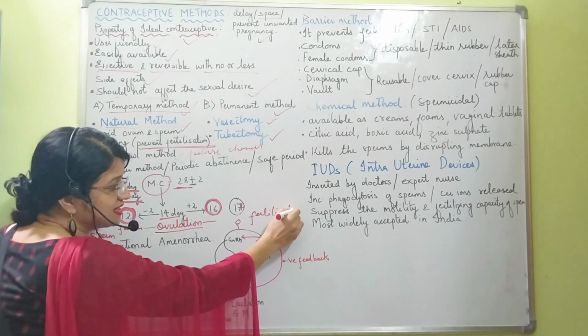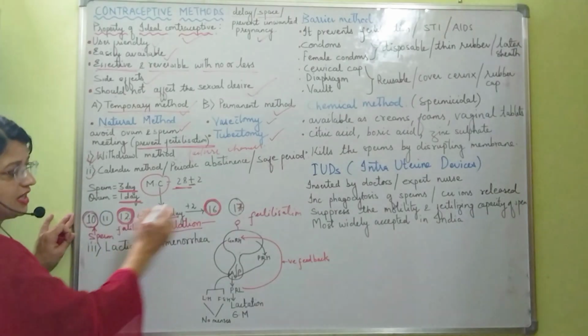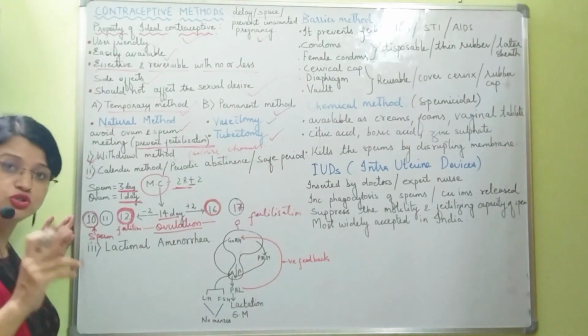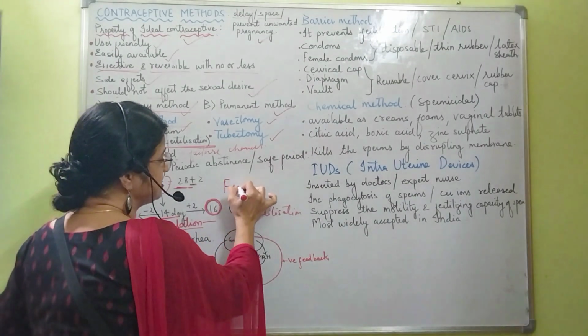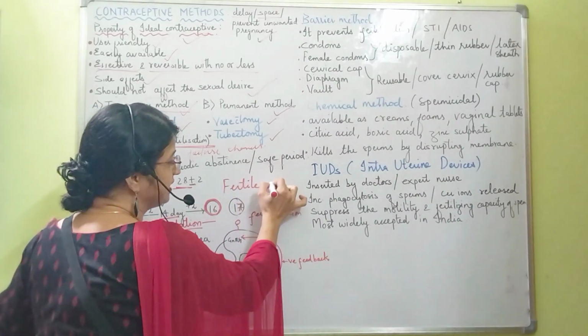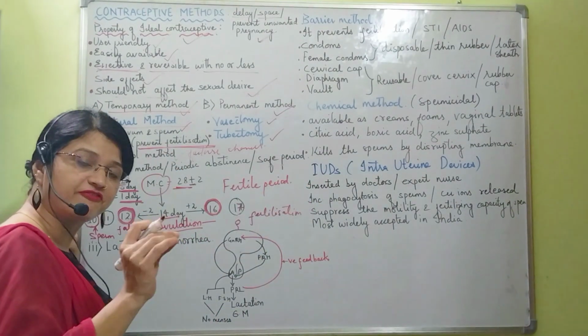So we can see, my dear student, that the period from the 10th day to the 17th day is not safe. It is the fertile period, and here the chances of fertilization are very, very high.